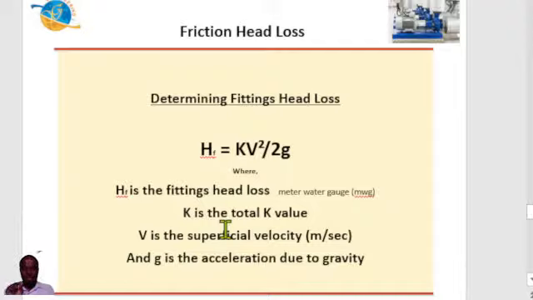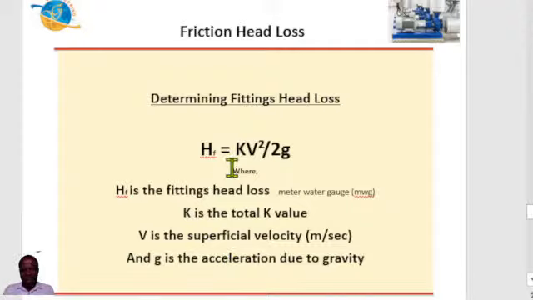So each fitting in your piping system for your pumping application has its respective K value, which of course you can find in many piping texts online. Your V is the velocity obtained from Q equals AV, and your g is the acceleration due to gravity.